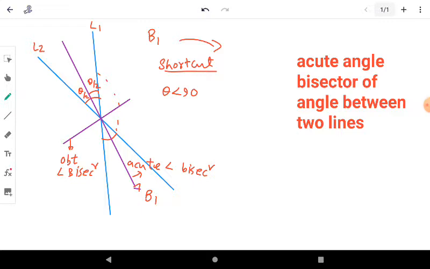Before that, let's try to understand a few things. Let's say we define L1 as a1x plus b1y equals c1. So L1(x, y) equals 0 means a1x plus b1y equals c1. This is line L1.